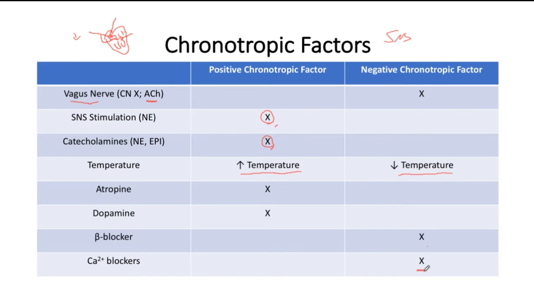At the end of the day, though, we're looking at normal circumstances without medical complications with people. When it comes to chronotropic factors like adapting to exercise, the sympathetic nervous system will be more active, will be in control of our physiology, and will be using the fight or flight response.